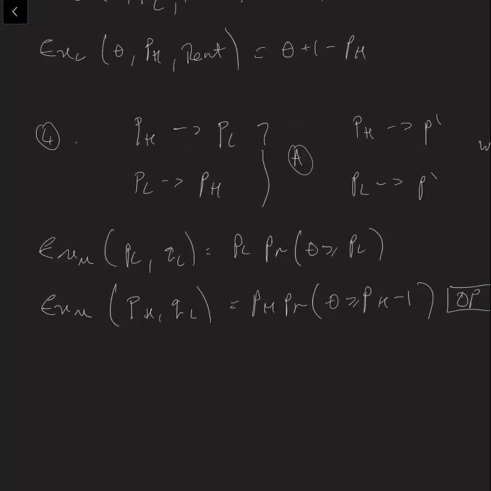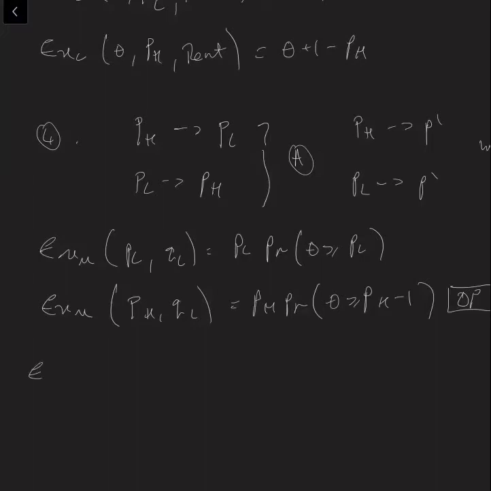Okay, what about Monica's utility from posting the high quality flat at the price PH? Well, she's going to get PH times the probability that theta is greater than or equal to PH minus 1.